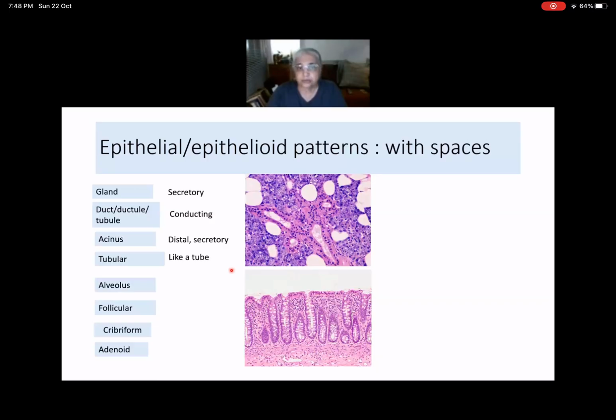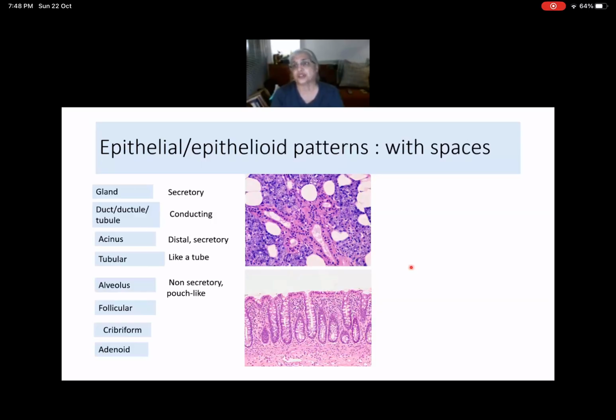So tubular means that it is like a tube, and everybody describes these as test tube like glands. Yes, so it is a gland, but it is a tubular gland. A lot of tubules are just conducting, they're like ducts. So you can have ducts that are like tubules, and you can have glands that are like tubules.